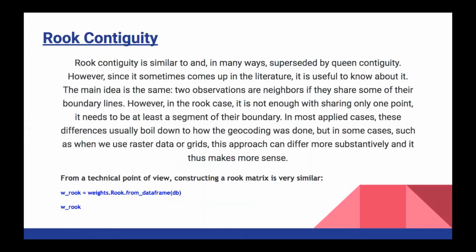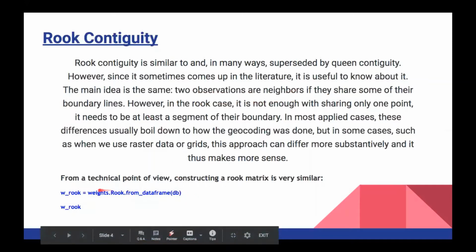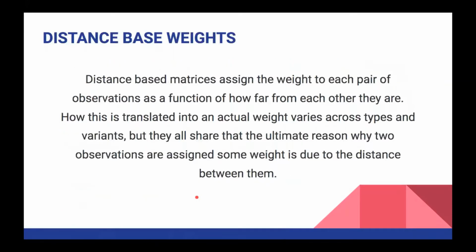The main idea in this one is that two observations are neighbors if they share some of their boundaries, not ordinary points, as we see in Queen contiguity. This can be generated using this code, and I will show you later on.